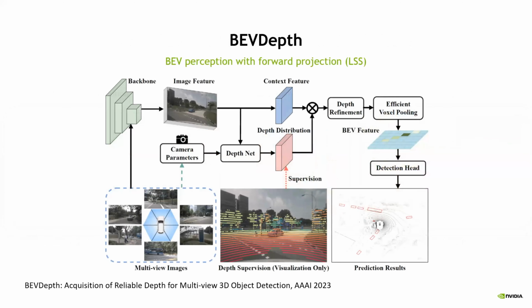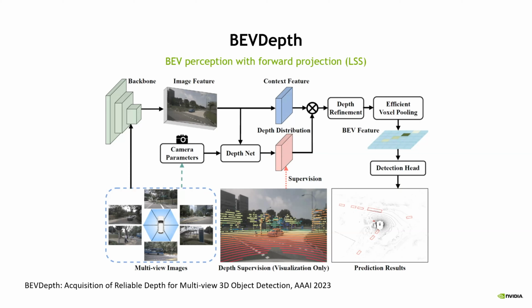When we think about 3D occupancy prediction, it is also highly correlated with traditional 3D object detection, in the sense that we talk about perception in the BEV space. The difference is mostly that we encourage denser and richer output from the network.